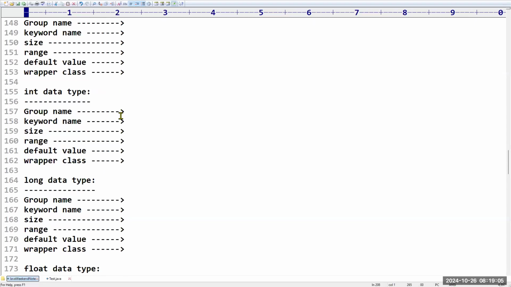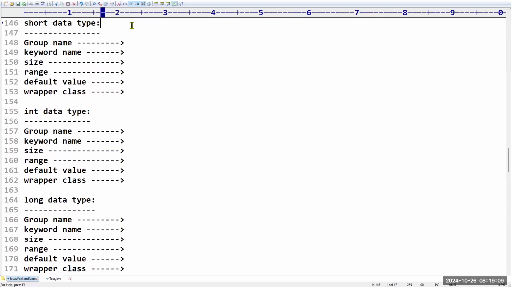Okay. Now, sir, coming to the short, observe carefully. Short data type comes under which category? It is also integers only, sir. What is the keyword name? We have to use short, S-H-O-R-T. We have to write in lowercase letters.